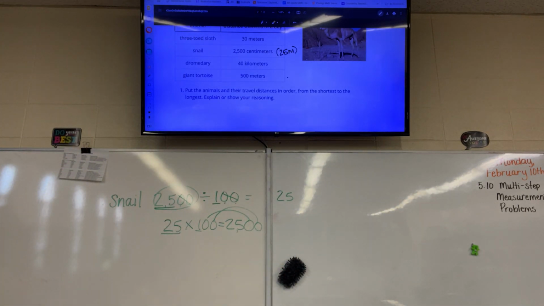And then for the dromedary, it's in kilometers. So look at your chart and see what we need to do to go from kilometers to meters. Athena?